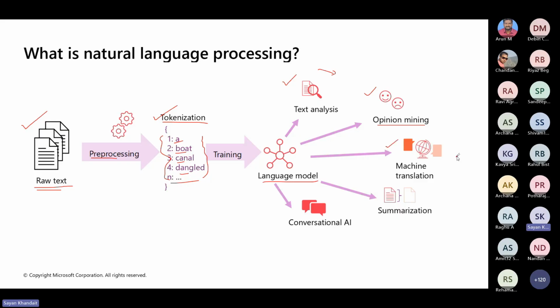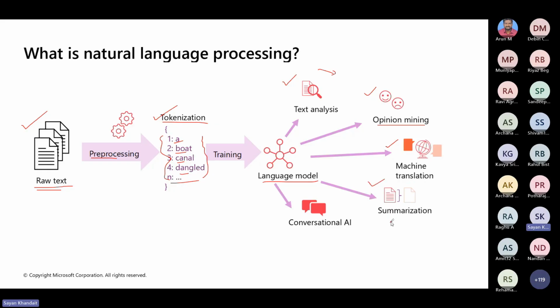Machine translation, just like the name suggests, can help you translate one language into another language, as well as perform further configurations over the translated text. For example, mapping between the source language and the target language, etc.